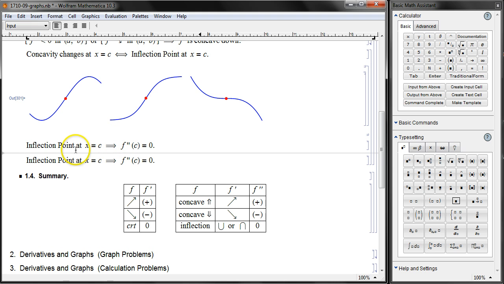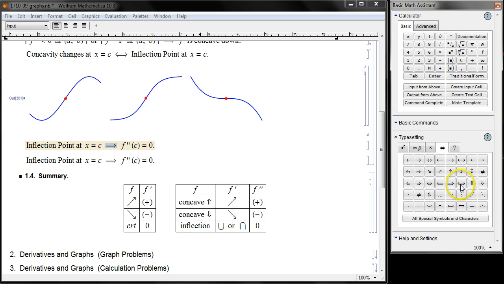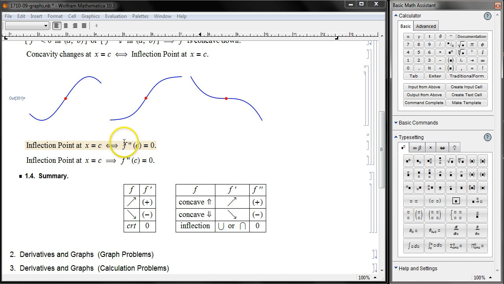What you're really looking at is the local extremum of f prime, so local maximum or local minimum of the derivative function.